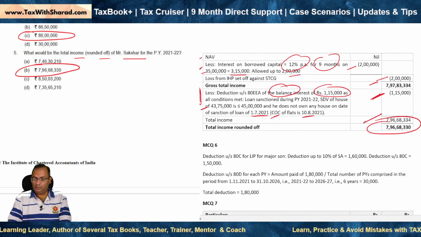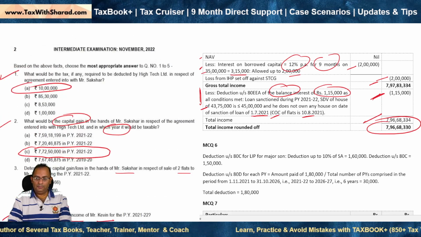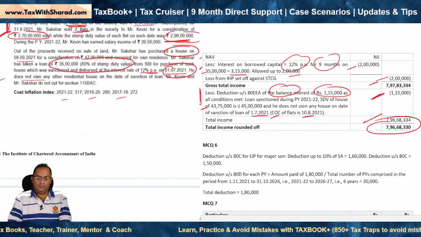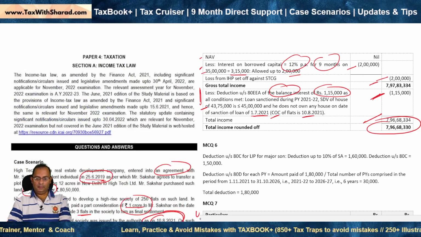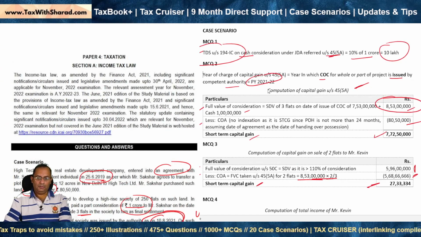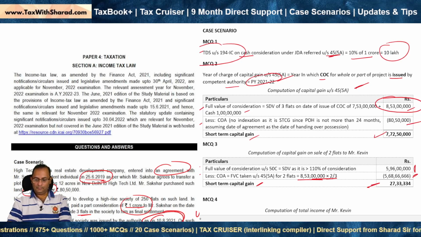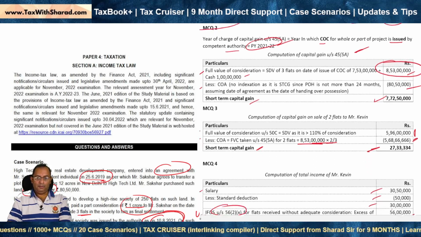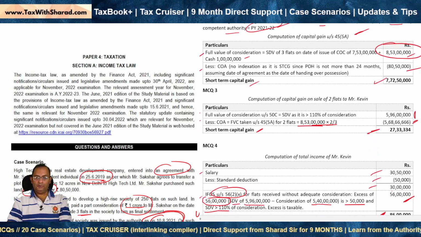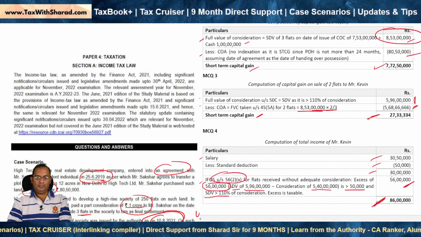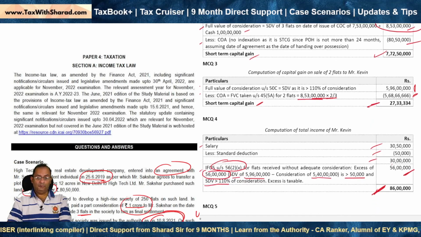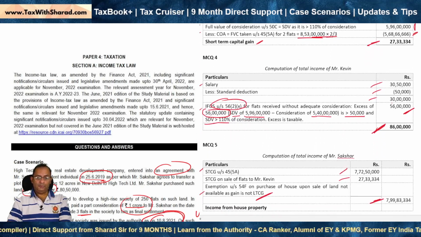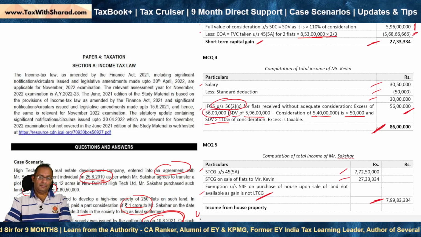Now you look at this. In our case scenario, multiple angles are involved. TDS is involved, capital gain is involved. In capital gain also, you need to take into account 45(5)(a). Then you need to figure out the period of holding. Then you need to also figure out section 50C.